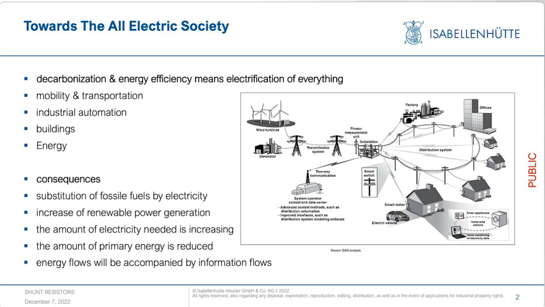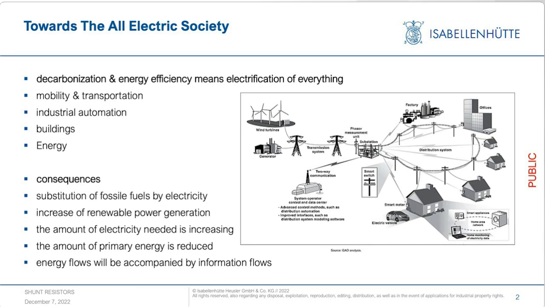We are convinced that electricity will be the major form of energy to decarbonize our world. This is driven mainly due to the very high efficiency you can obtain with electricity driving all the different applications. And thus you will find this in all the different sectors.